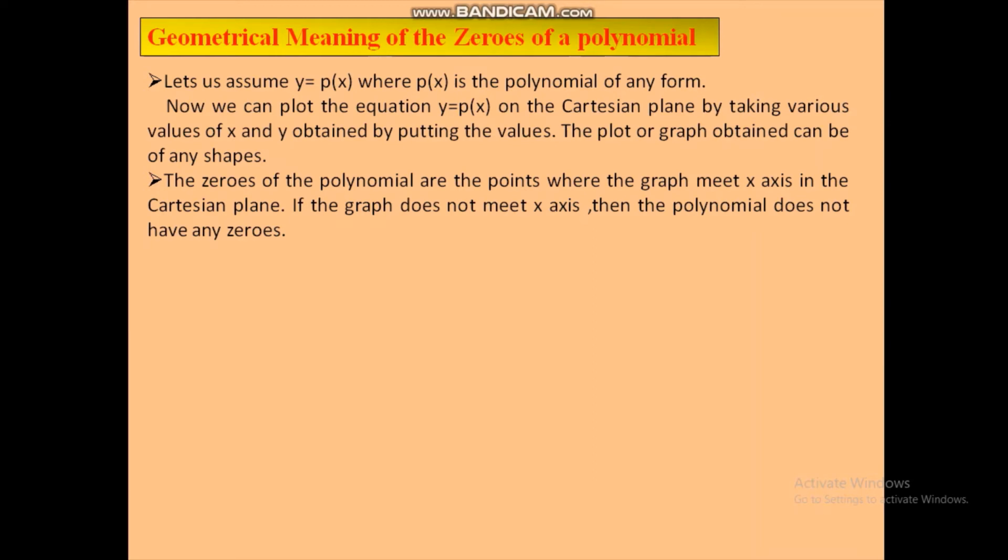So when we plot the graph for y = p(x), if the graph meets the x-axis, then the coordinates of that point are termed as zeros of that polynomial. And if the graph does not meet the x-axis, then the polynomial does not have any zeros.